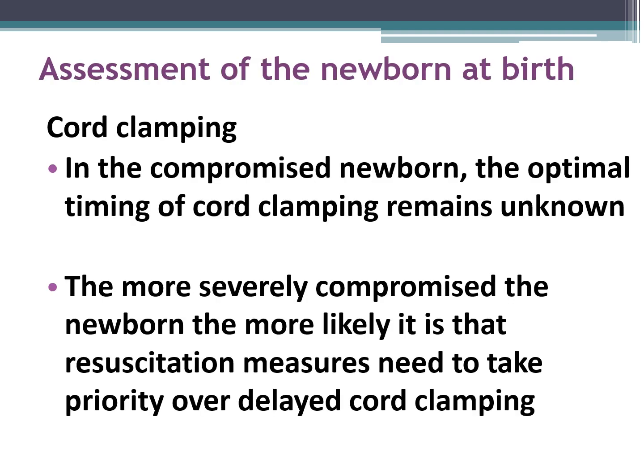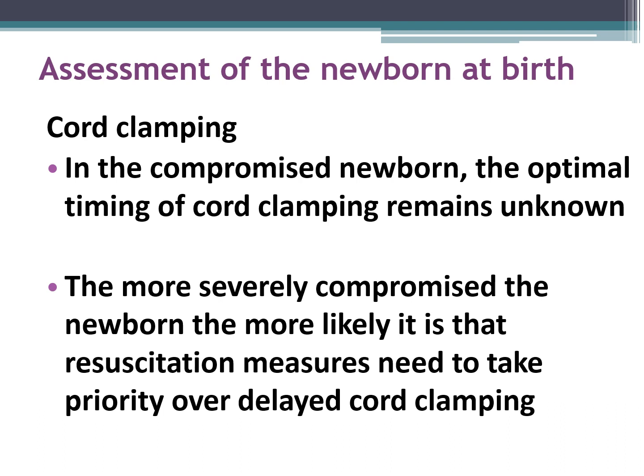Next we can see the assessment of the newborn at birth. Immediately after the delivery of the baby, we are supposed to clamp the cord. If the baby is compromised and struggling for respiration, the optimal time for cord clamping remains unknown. There is no fixed time because the first priority should be resuscitating the baby.